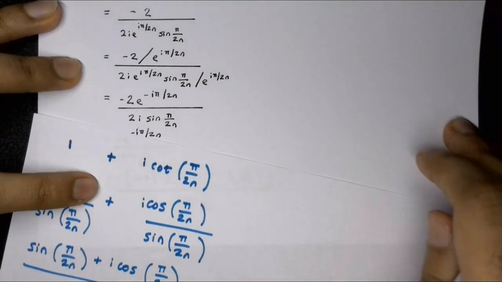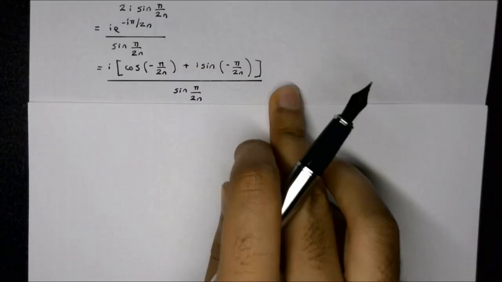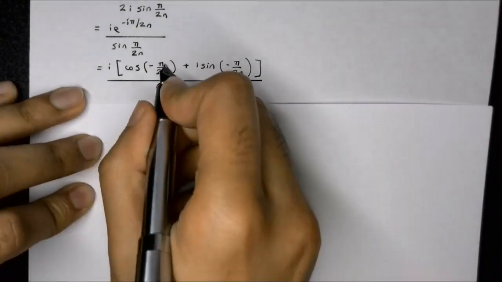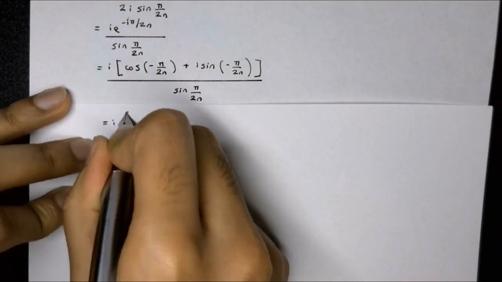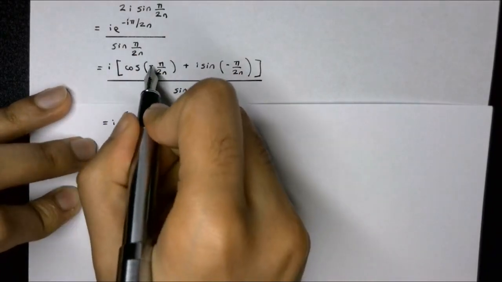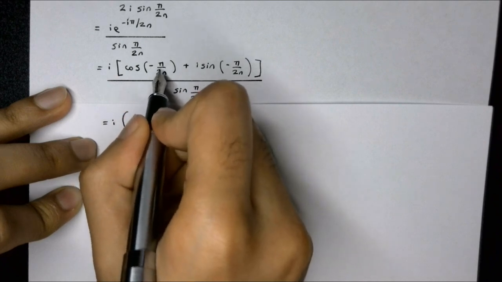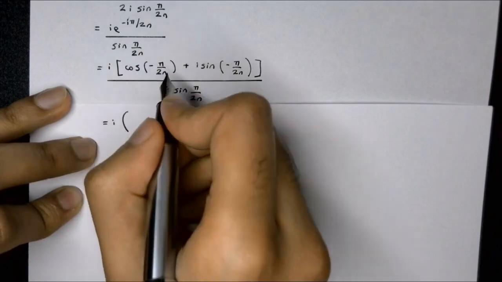So the way we can go about this to simplify all of this, we can replace the minus pi over 2n with positive pi over 2n, and then cos of a negative angle is equal to cos of that positive angle.